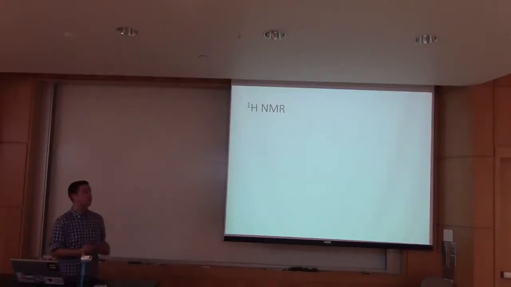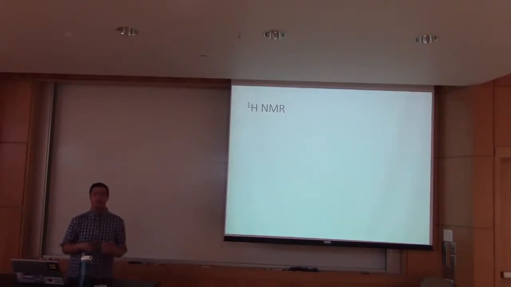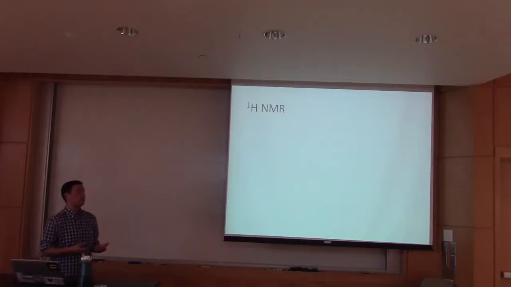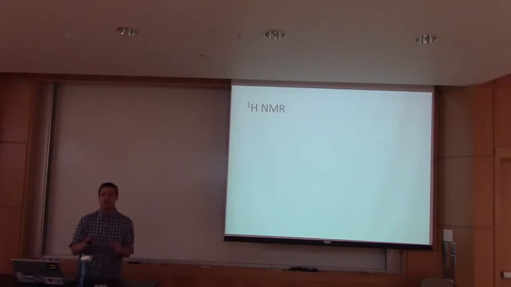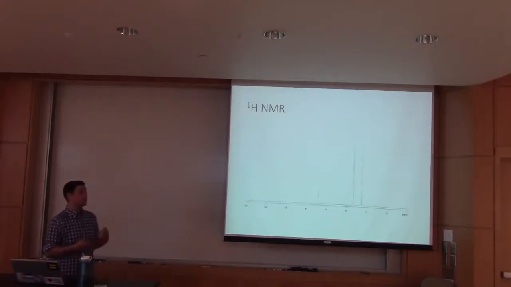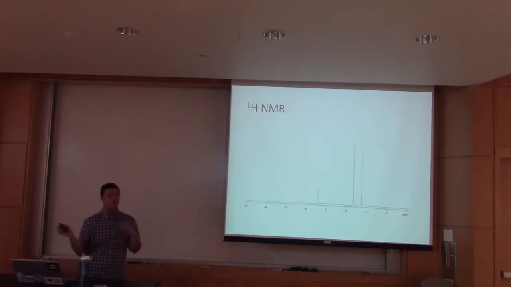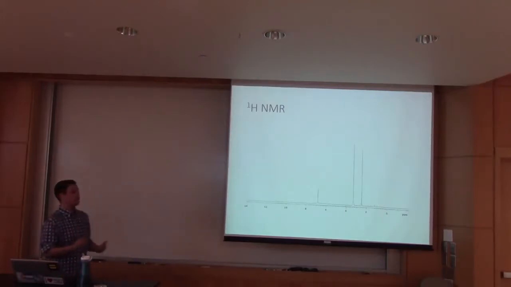We throw our sample into a magnetic field, and isotopes of, specifically in this case, hydrogen will end up interacting with that field, and then when you turn that field off, they'll relax down, and that'll be something that we can measure and identify in terms of the chemical environment around that specific isotope, in this case, the hydrogens that we're looking at. And then we end up getting something with some peaks, and to your left would be downfield shift, or a chemical shift, and then to the right would be a more upfield chemical shift. So let's examine this really quick.